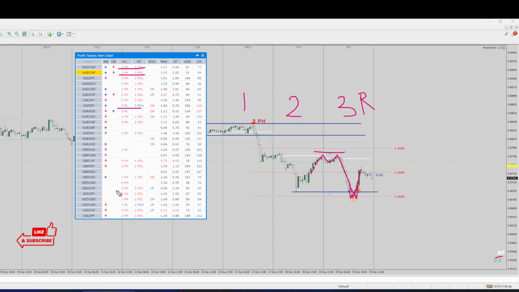Actually, you know what? We can look at this since we're looking at the highs. We're going to look at New Zealand Swiss, simply because, let me go back and erase this.